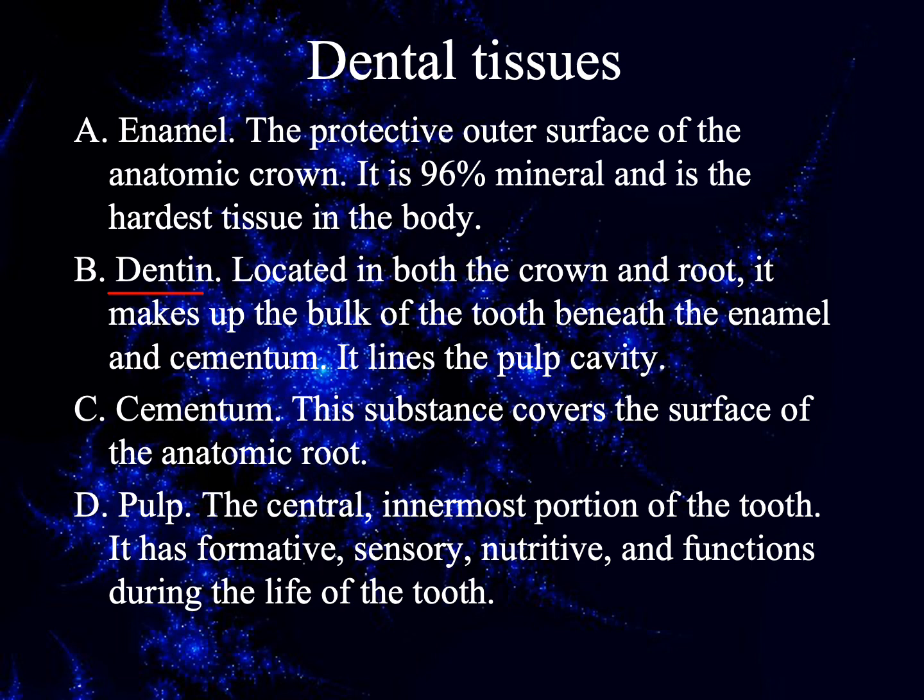It lines the pulp cavity. The cementum, the hard tissue that covers the surface of the anatomic root, and the pulp, which is the central innermost portion of the tooth. It has the formative, sensory, nutritive, and protective functions during the life of the tooth.